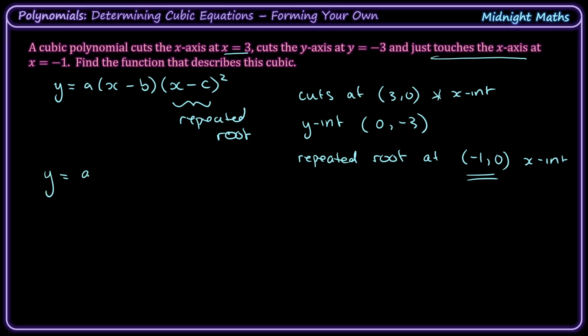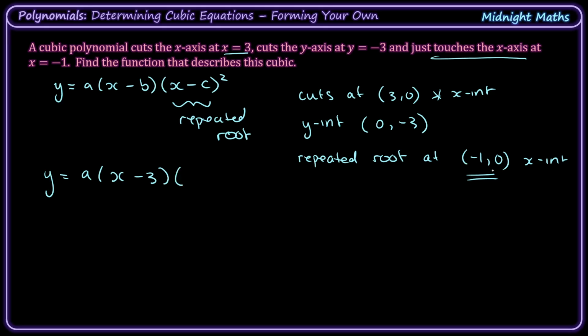So I'm going to replace that with x minus 3. We're basically reversing the null factor law, because if I said that that's equal to 0, from the null factor law, you'll see that x is equal to 3, which is the coordinate. So if I think about that in reverse, it means that in the bracket, I need to have minus 3. And you can just think of it as swapping the sign, which is why in the general form, there's a minus there.